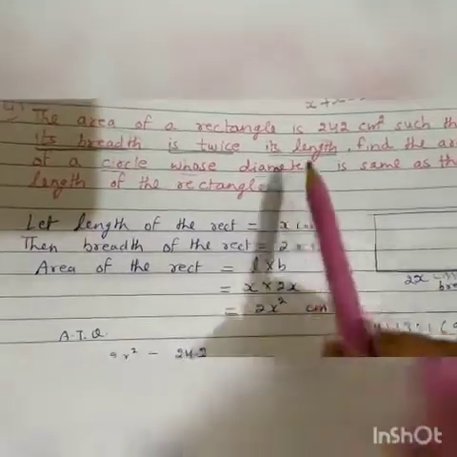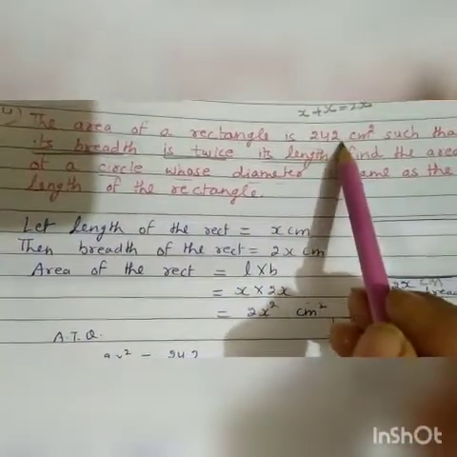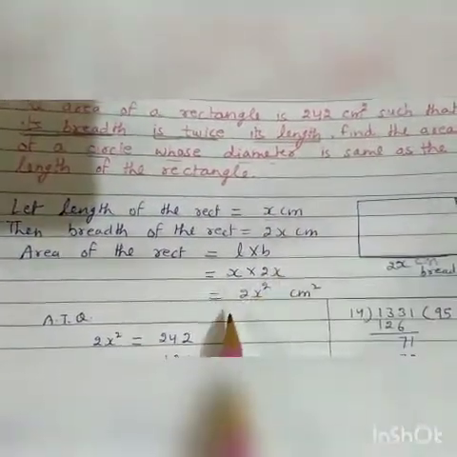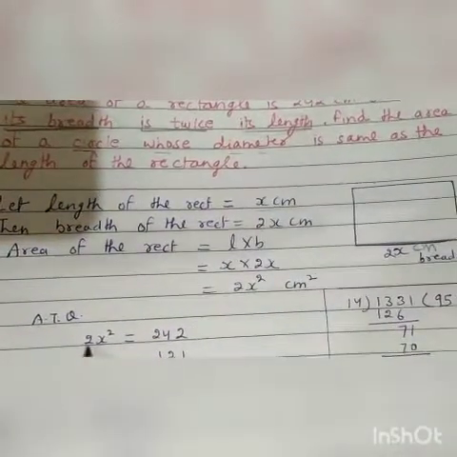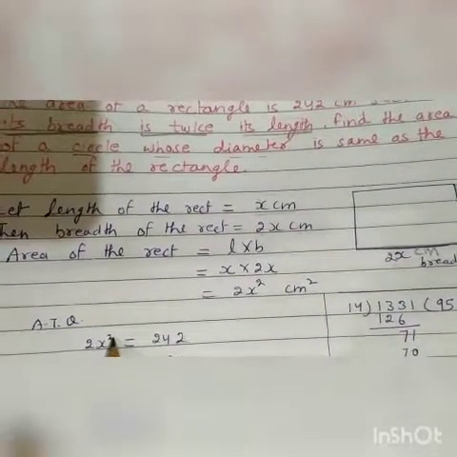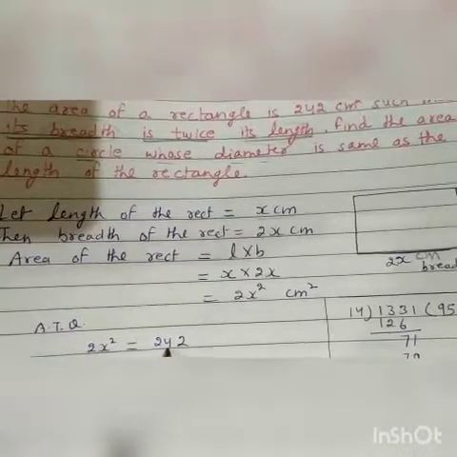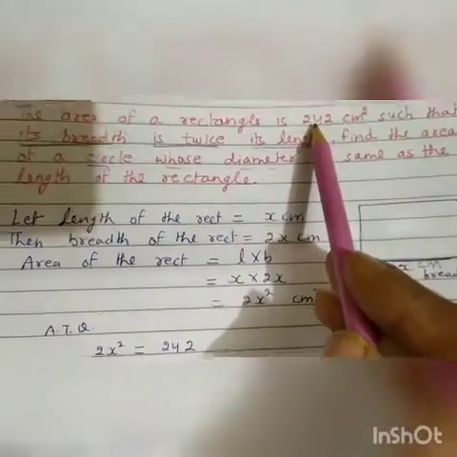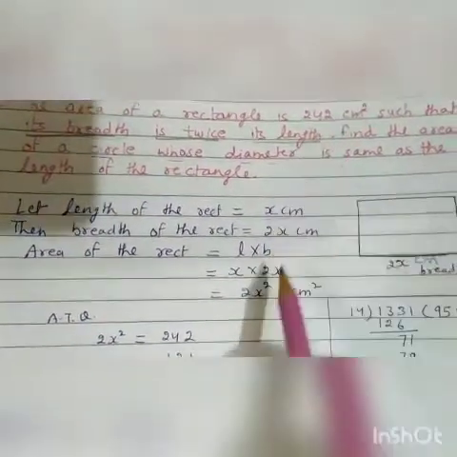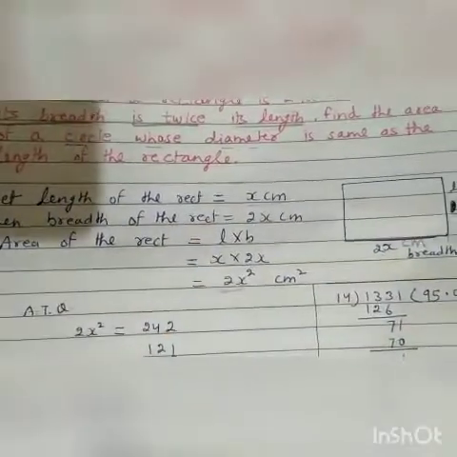But area of rectangle is given 242 square centimeter. So we can write this area of rectangle 2x square is equal to 242, because this is the area of rectangle and this is also the area of rectangle.